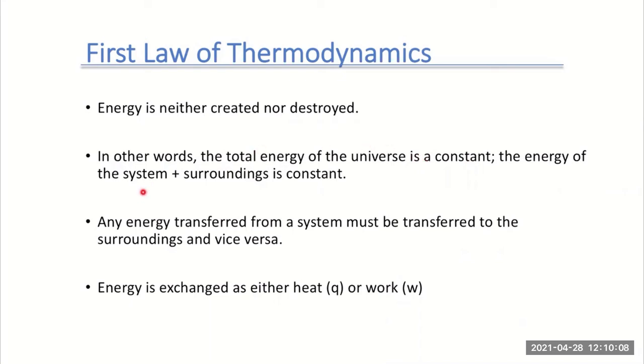So the energy of the system plus the surroundings equals a constant amount of energy, which means any energy transferred from a system must be transferred to the surroundings, or vice versa. It goes from the surroundings to the system. It can't go anywhere else.